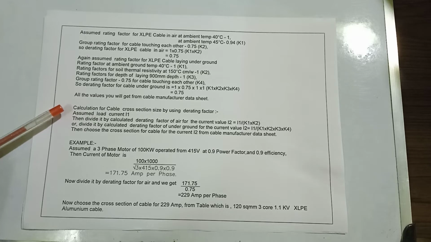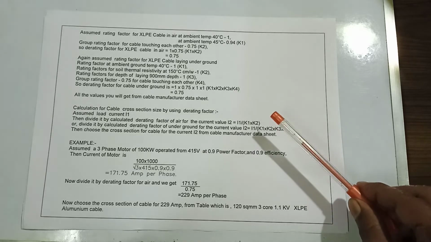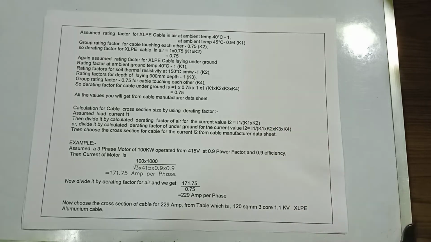Calculation for cable cross section size by using derating factor. Assume load current is I1. Then divide it by the calculated derating factor of air for the current value: I2 is equal to I1 divided by K1 into K2.